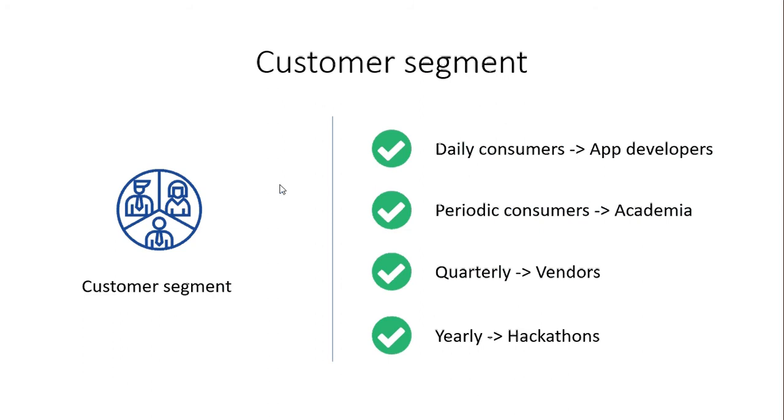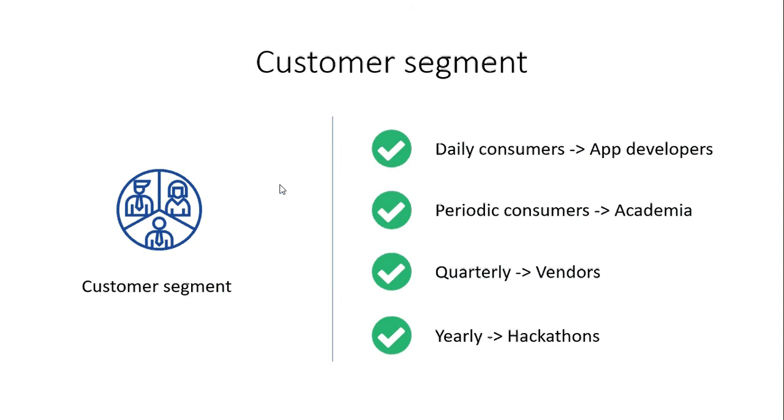A perfect example could be all the geospatial data you publish on streets, roads, road signs, canopies, parks, and other new suburbs and things like that. All these geospatial vendors ingest the data on a quarterly basis.